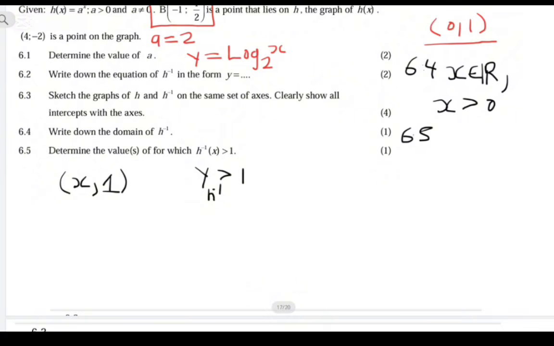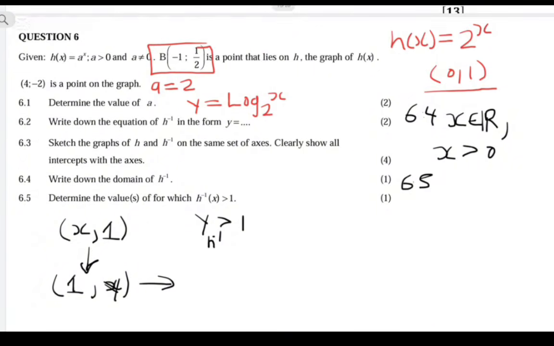So if we want to find the x value, we can just use the original formula. If this point wants to go to the original, it will just swap the coordinates. The y is going to be here, 1, and then the x is going to be there, which is going to be like the same as y actually when it goes on the other side. So we can use this to find this other equation there by substituting it into the original equation.